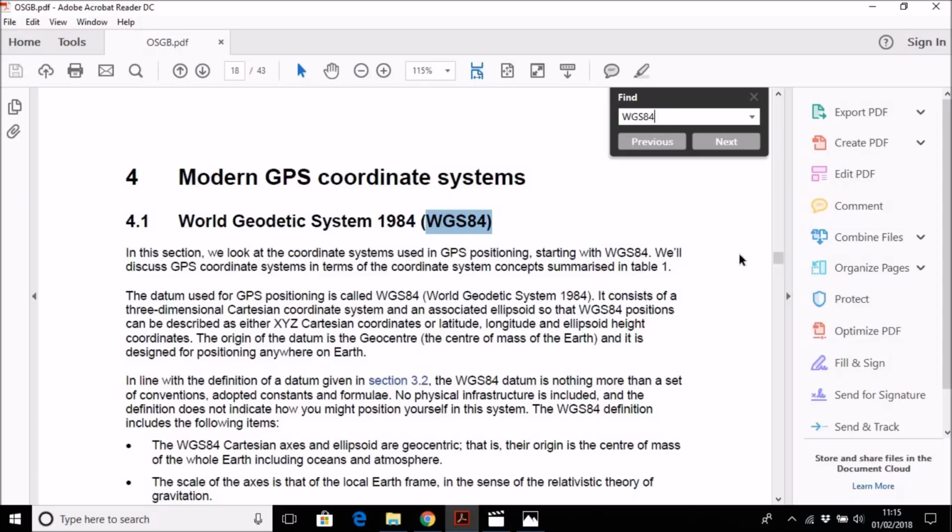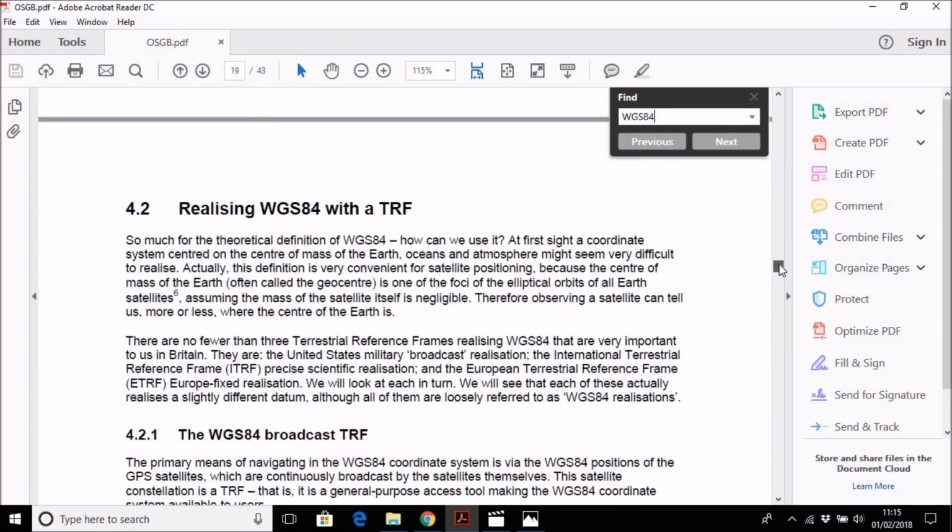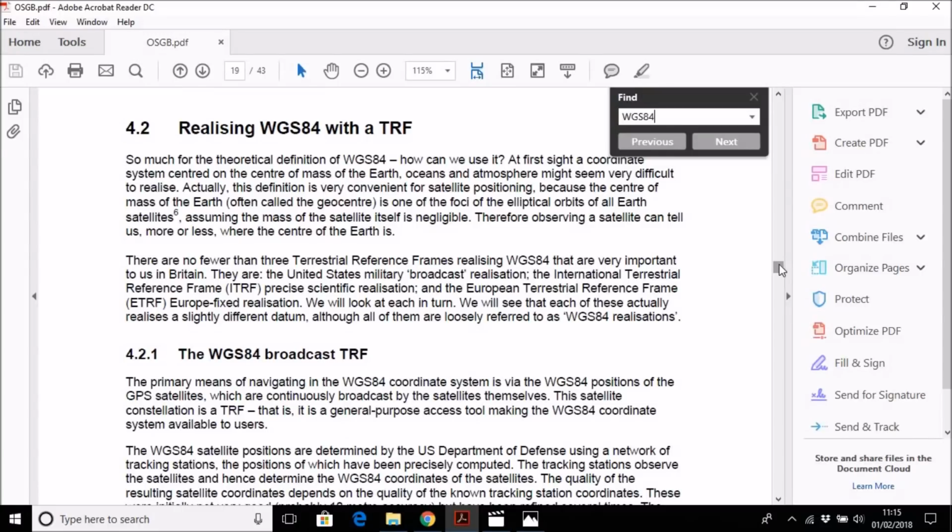To suggest anything different is just absurd. Now, this whole article goes on to explain how different ellipsoids are used and how the real shape of the Earth is in fact a geoid, a complex shape.